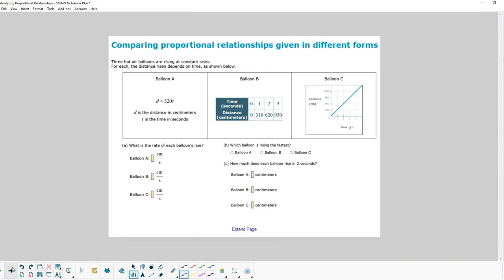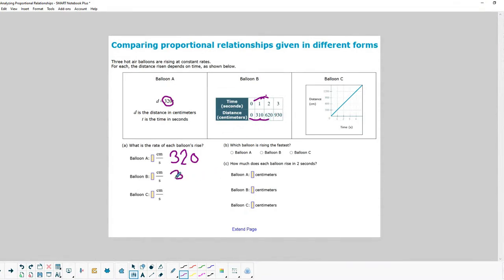Okay, now this last one we're going to look at 3 balloons. Each balloon has a little statement by it that talks about how fast it's rising above the ground. So the first balloon, balloon A, is rising at a rate of 320 centimeters every second. The second balloon, if we look, we notice that as seconds go up, this number goes up by 310.